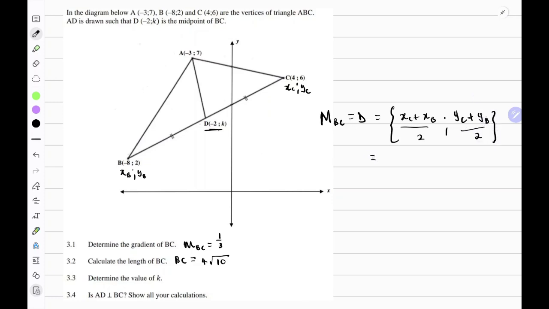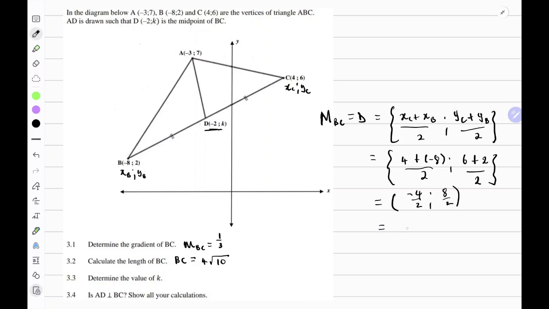So we can just substitute. xc is 4 plus minus 8 over 2 and yc is 6 plus yb 2 over 2. So 4 plus minus 8 is equal to minus 4 over 2 and 6 plus 2 is 8 over 2.